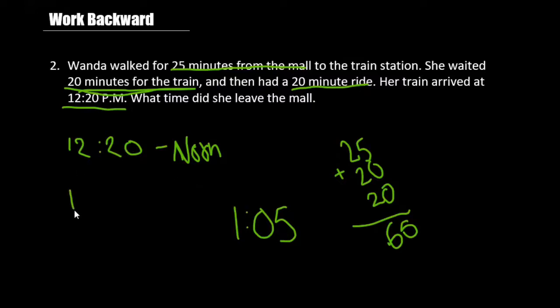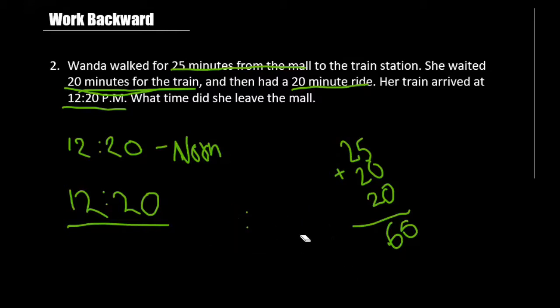Now we have to subtract... Never mind, we don't subtract it because it says her train arrived at 12:20 p.m. and she waited 20 minutes for the train. So that means she walked 25 minutes from the mall to the train station and 20 minutes waiting.